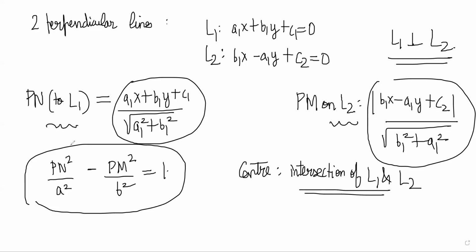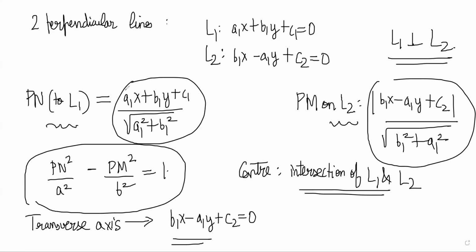Here, the transverse axis would be along the line... PM was a perpendicular on the transverse axis, right? So the transverse axis would be line L2, which is b1x minus a1y plus c2 is equal to 0.